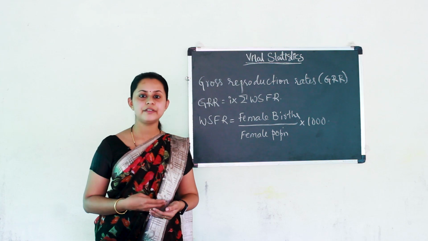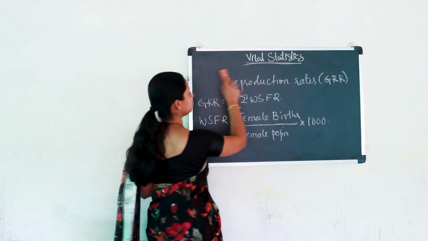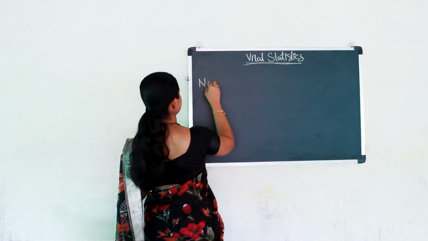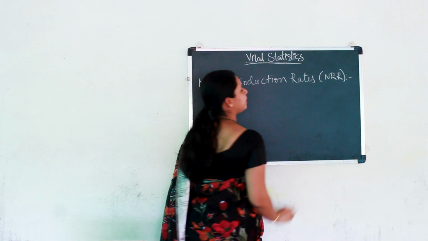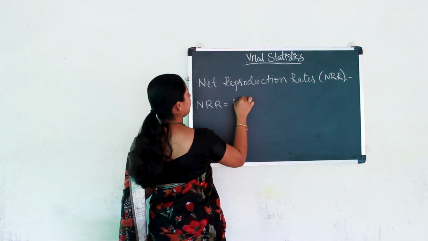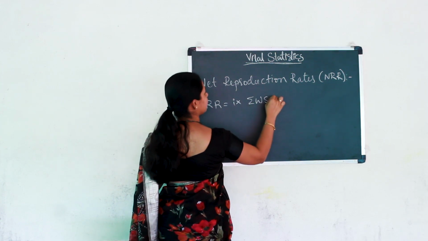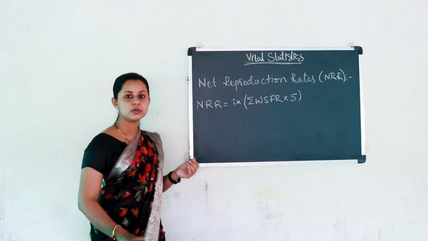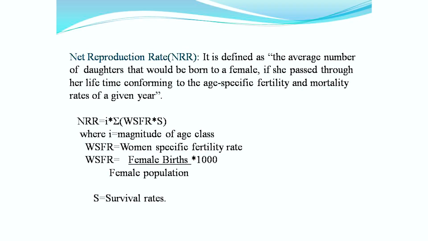Next we shall study the net reproduction rate, or NRR. It is given by NRR is equal to i into summation WSFR into S. It is defined as the average number of daughters that would be born to a female if she passed through her lifetime conforming to the age specific fertility and mortality rates of a given year.